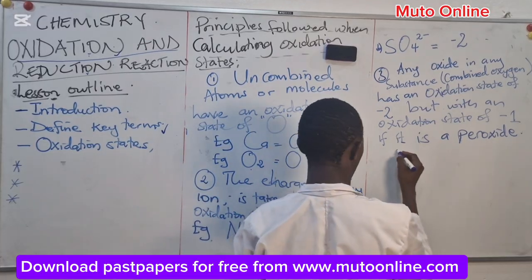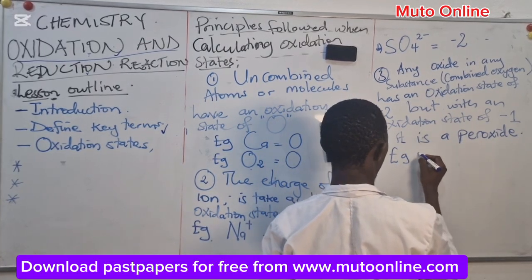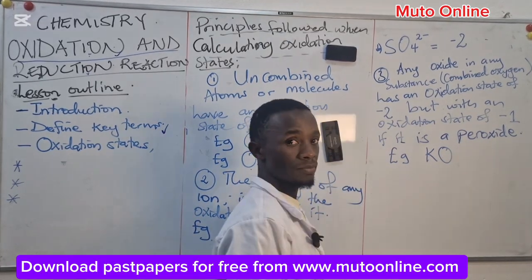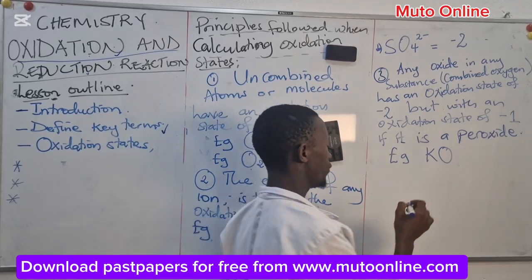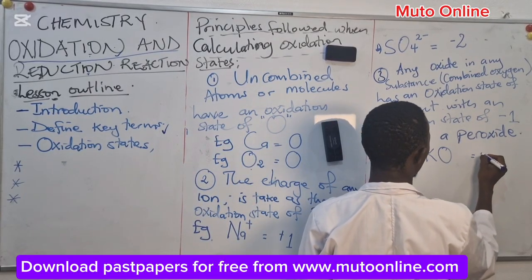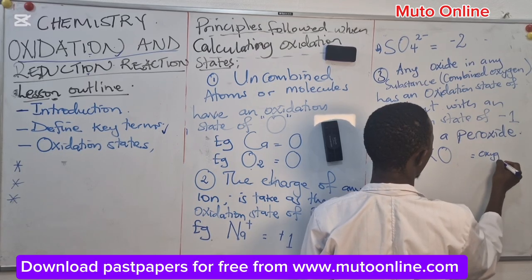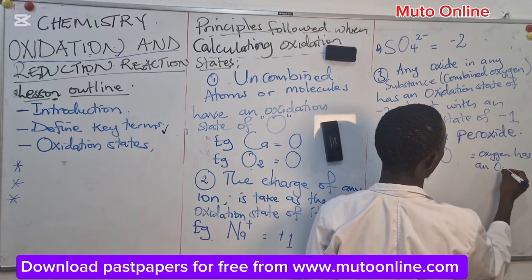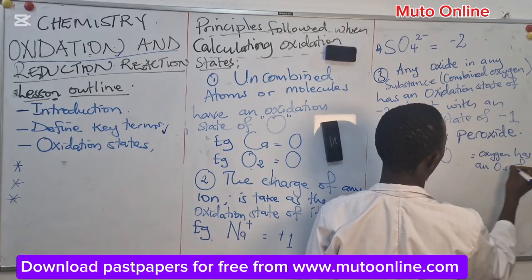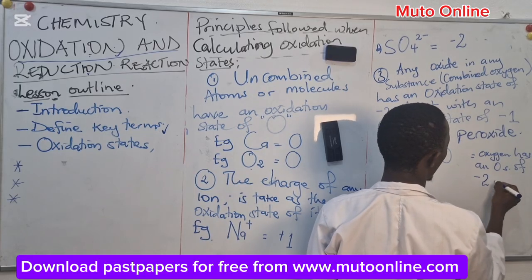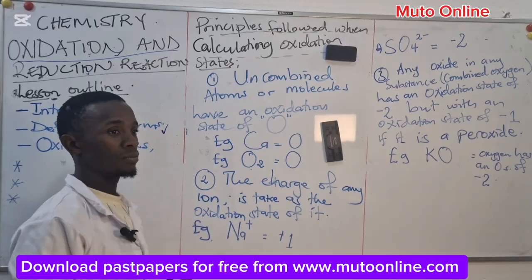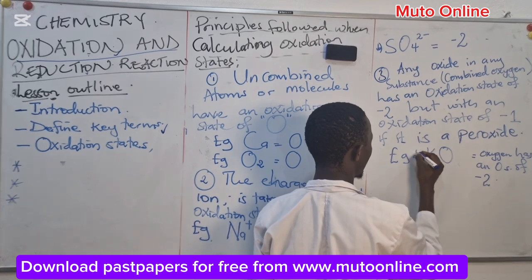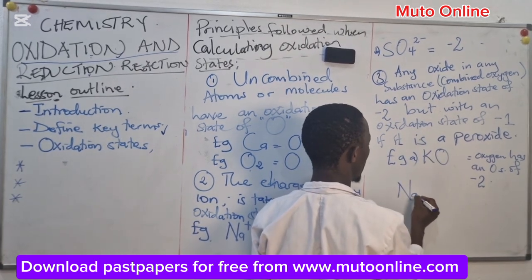So, for example, in potassium oxide, we are going to find that here oxygen has an oxidation state of -2, which will not be the case in sodium peroxide.